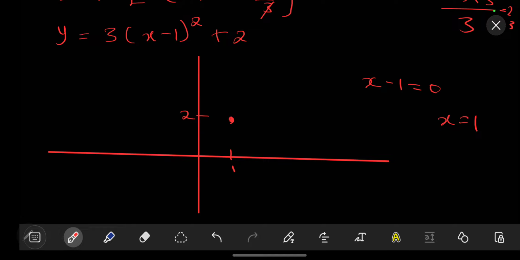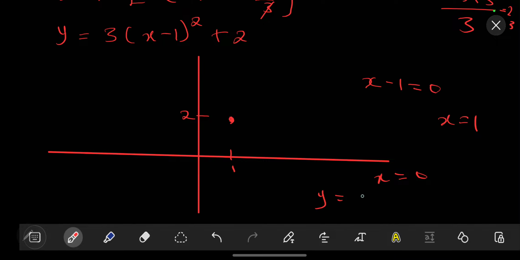Now the only thing that we need to find is the y-intercept. Most of these questions do not even have the x-intercept. So how do we find our y? Our y will be equal to, at the y-intercept, x is equal to 0. So we are going to replace x with 0 in the equation.